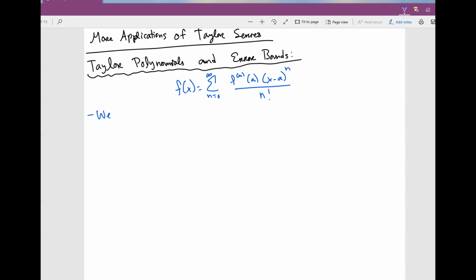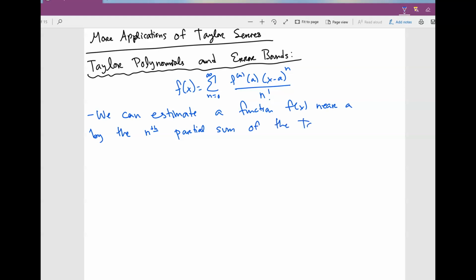We can estimate a function f of x near a by the nth partial sum of the Taylor series at x, okay, and we call this the nth Taylor polynomial.